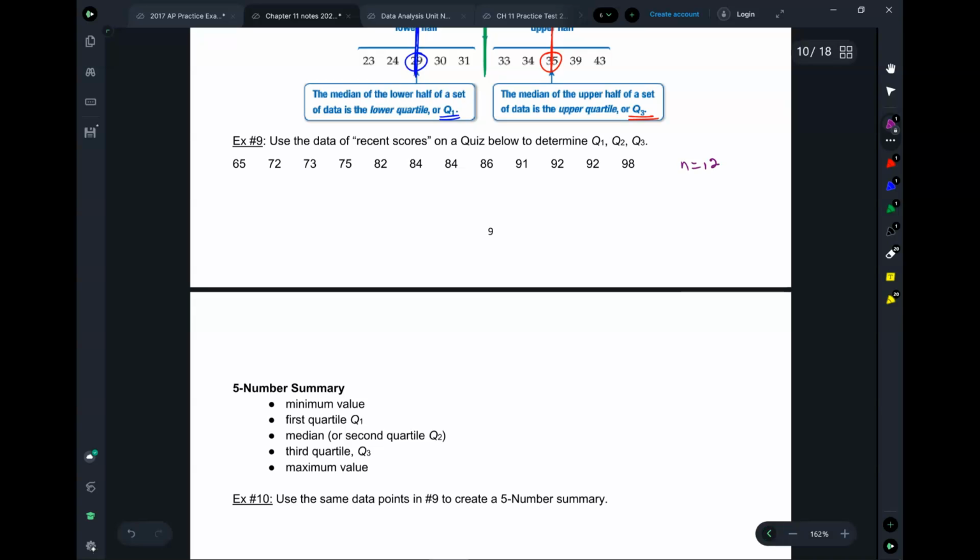N equals 12. Okay, awesome. So split it down the middle. We have 6 and 6 here. Okay. All right, so this is Q2, or the median. What number is that? If it falls in between 2 numbers, you take the average, 84.